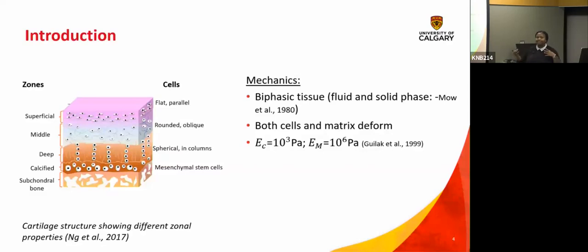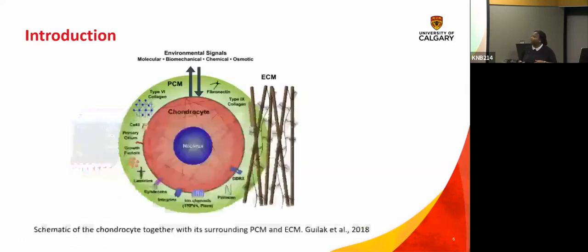So thinking about the cells and the tissue, there's also a very interesting interplay right there as well. So now let's zoom in closely into the cell or the chondrocytes. And as I said, there's a very distinct, interesting interplay between the chondrocytes and the surrounding extracellular matrix.